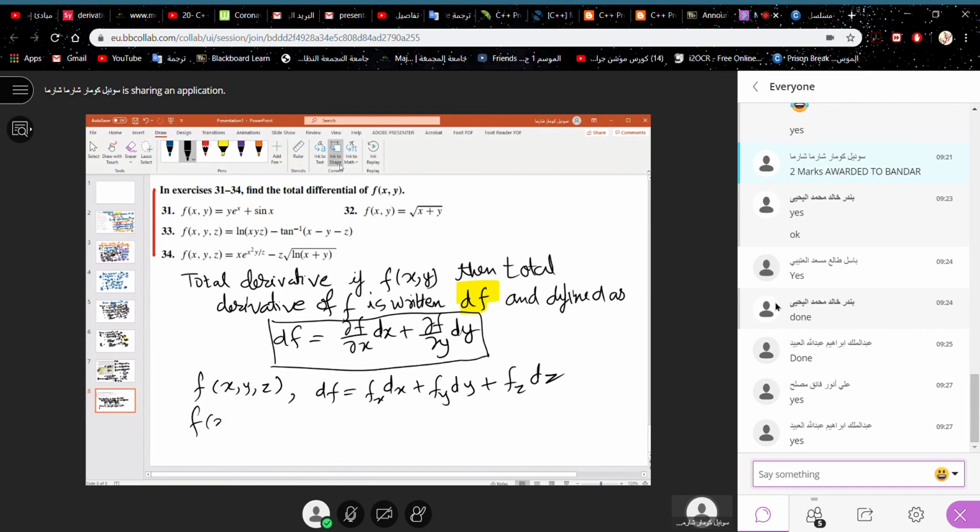If f depends on n variables, then we define df like this. Noted? Is that fine?